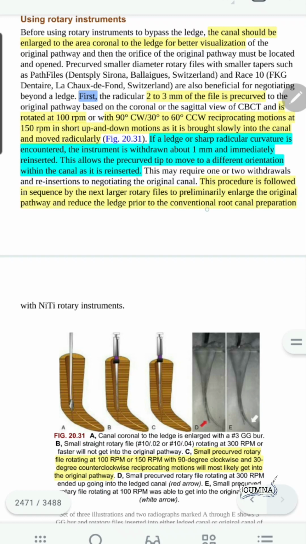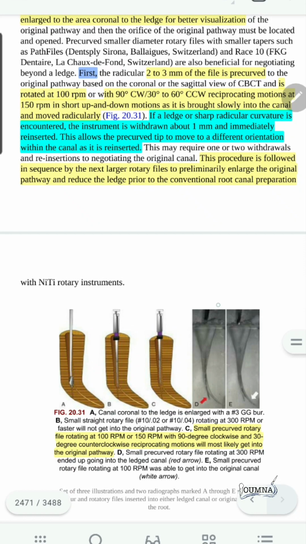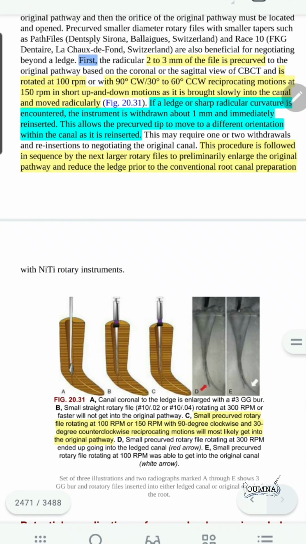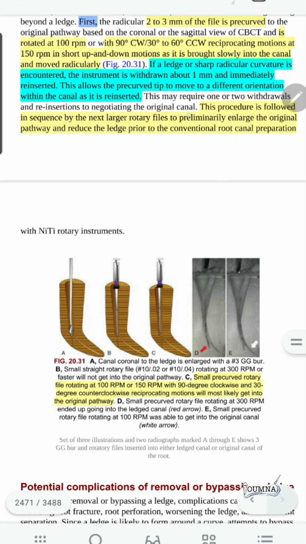Then we pre-curve a file 2 to 3 millimeters from the radicular area. The rotation speed is 100 rounds per minute, or we can use 150 rounds per minute, but reciprocating between the 30 and 60 degree of motion in short up and down motions, as it is brought slowly into the canal and moved radicularly.